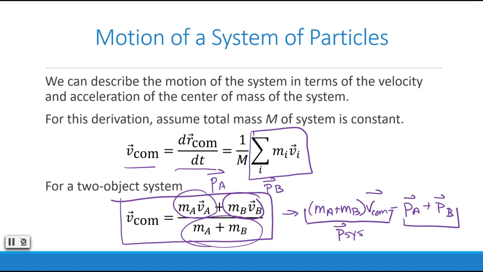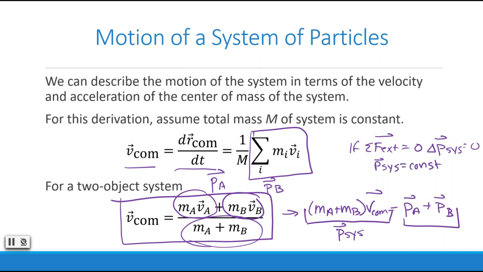And so basically, if our net external force is 0, then that means the change in momentum of our system is 0, which tells us that the momentum of our system is constant.